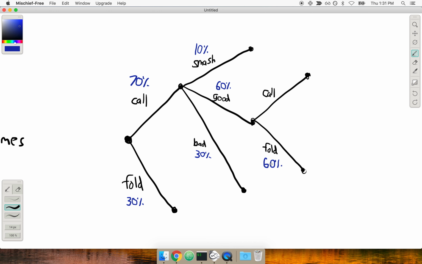And that's not really a crazy number. A lot of people fold 50% of the time on average. But here, we have a flop that's particularly good for c-betting, so it's more likely that they missed. So I'm going to say 60%. And that means that there's a 40% chance that they call.